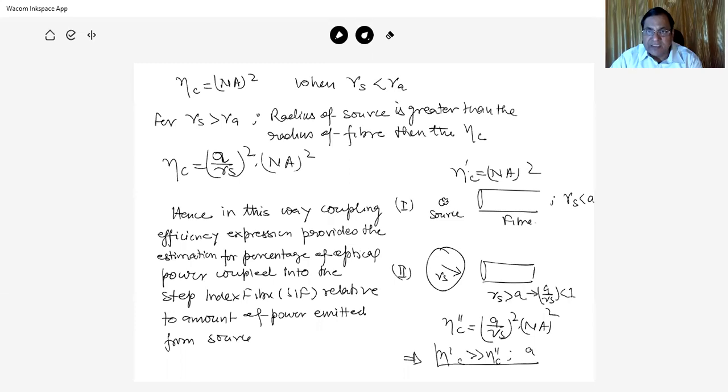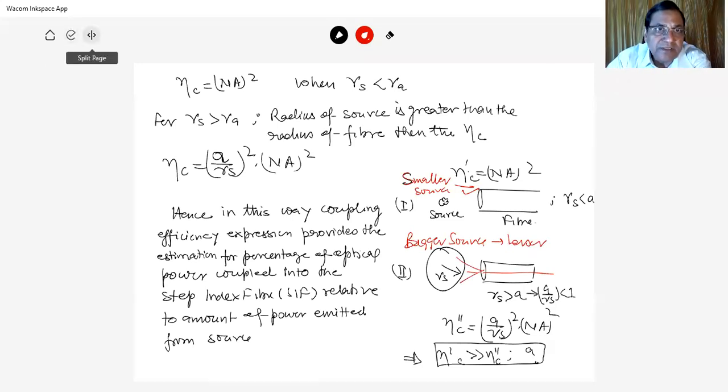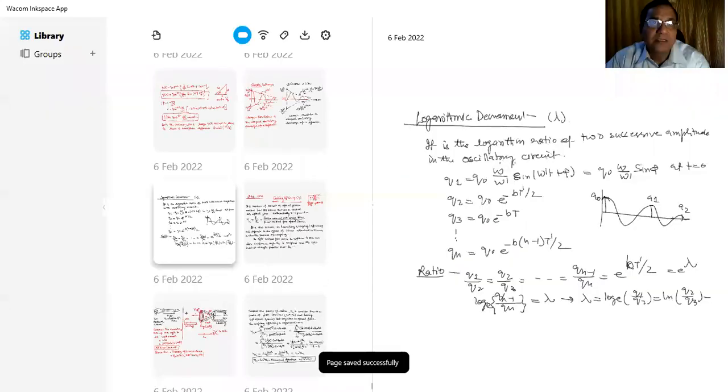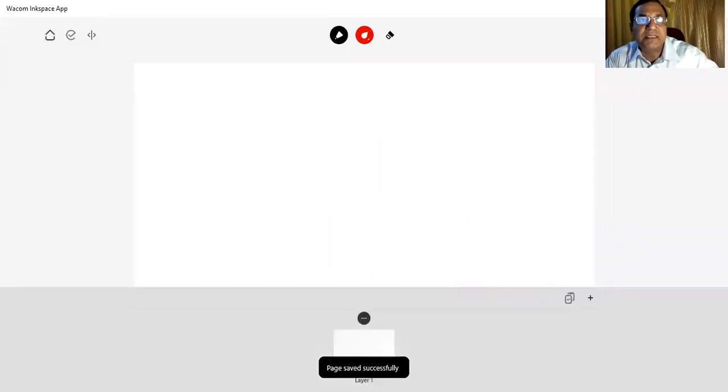So when the extended source or bigger source is there, smaller source, greater the efficiency. Bigger source, lesser efficiency. So this one is the basic concept of coupling efficiency.